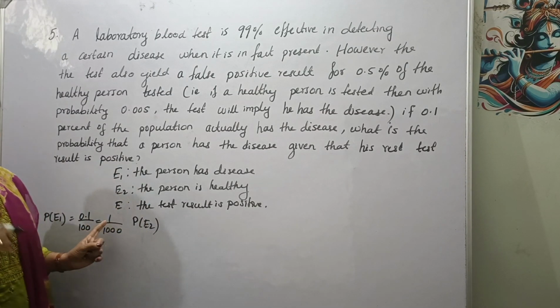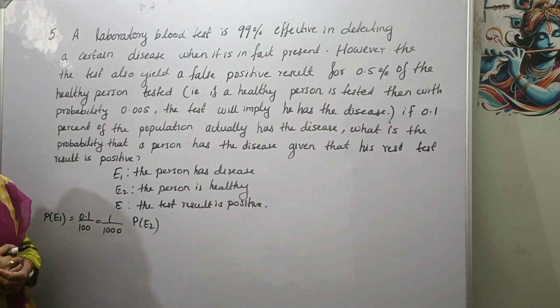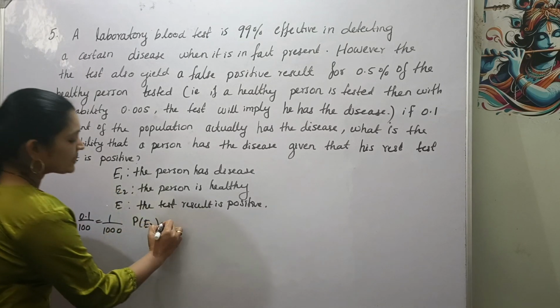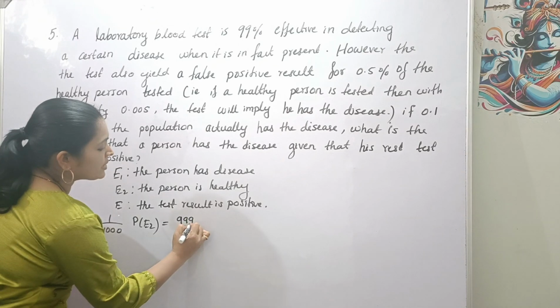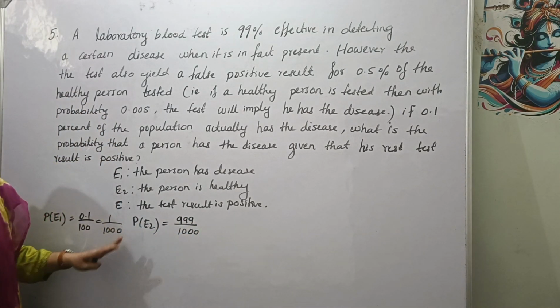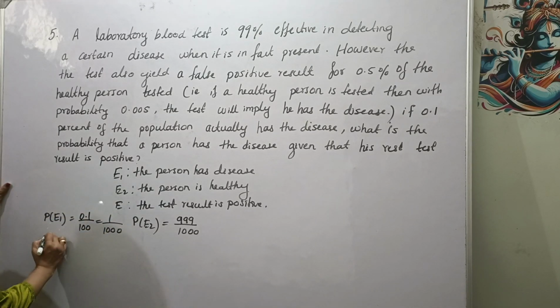There is only one diseased person out of 1000, so the number of healthy persons is 1000 minus 1, that is, 999 out of 1000 persons are healthy.